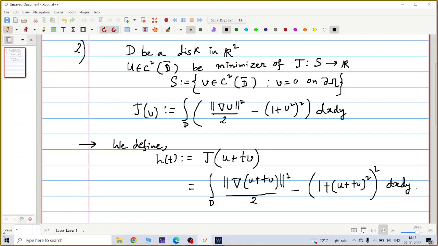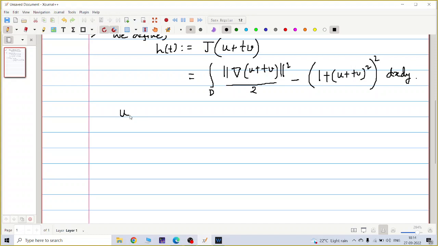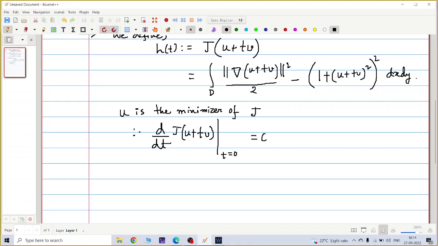Okay, so now at t equal to 0, it is 0. So what is the derivative? That means you have to find the derivative of h, that is h dash t.